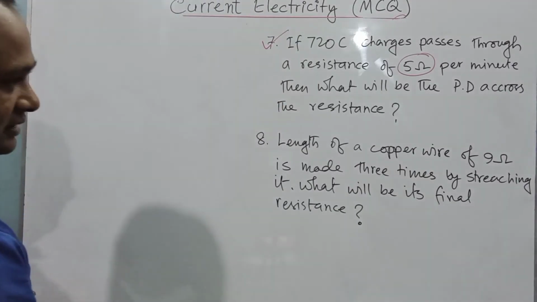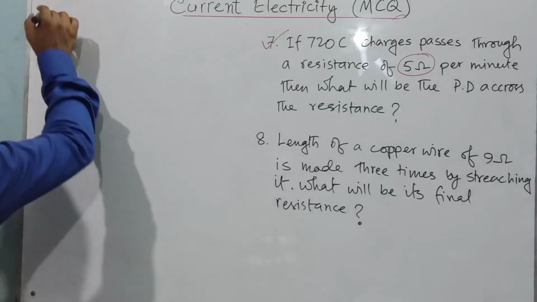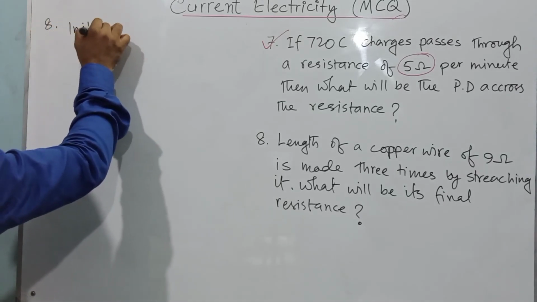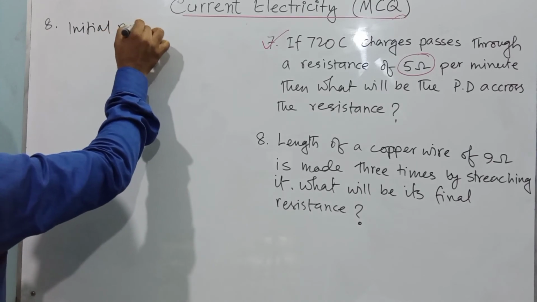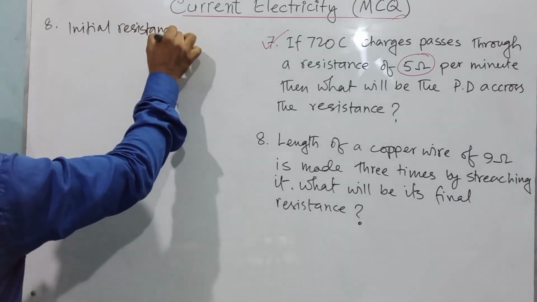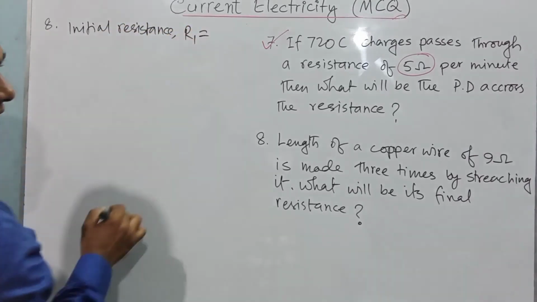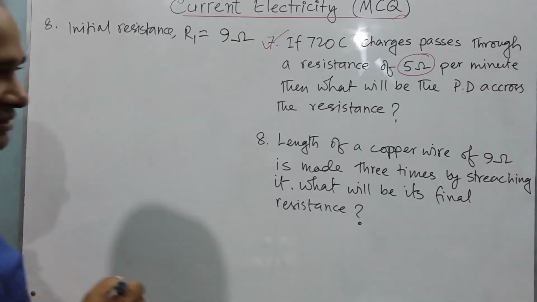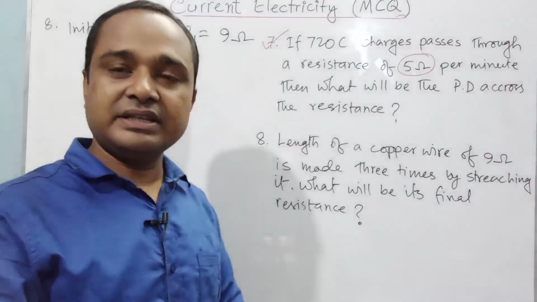Here the initial resistance R1 is equal to 9 ohm, right? We don't know the initial length.